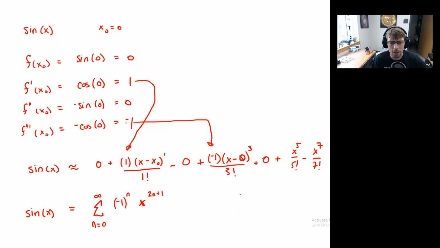And let's think about that. If n is equal to 0, so 2n plus 1, when n is equal to 0, I just get 1. When n is equal to 1, I get 3. When n is equal to 2, I get 5, etc., etc. So this 2n plus 1 allows me to increment n by 1, whole numbers, and it will produce just the odd numbers at the end of the day.